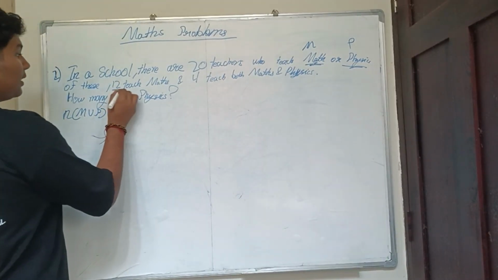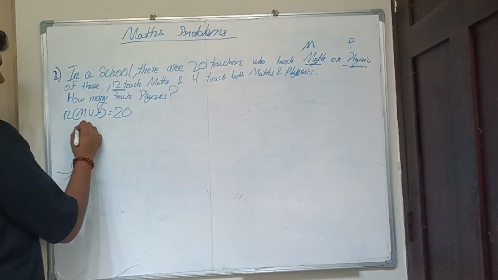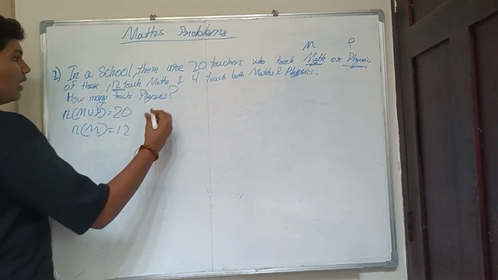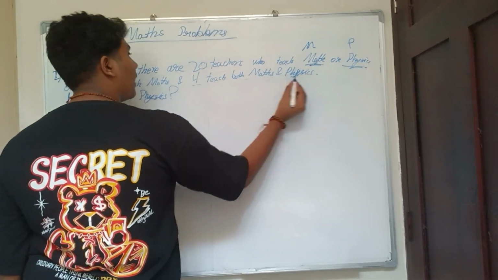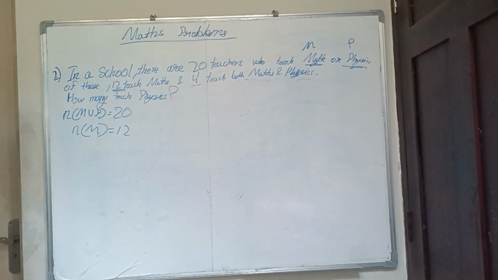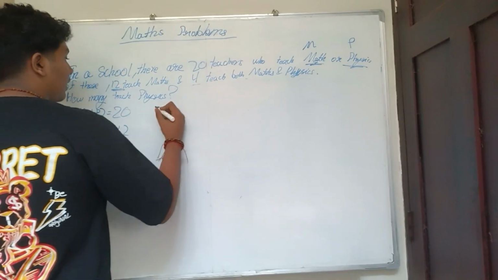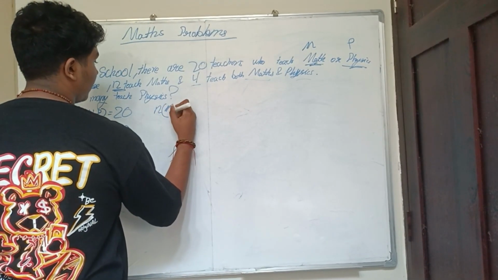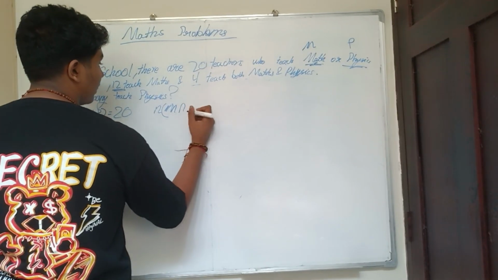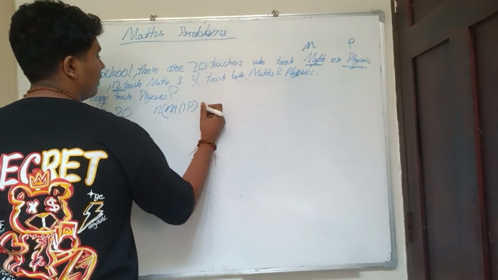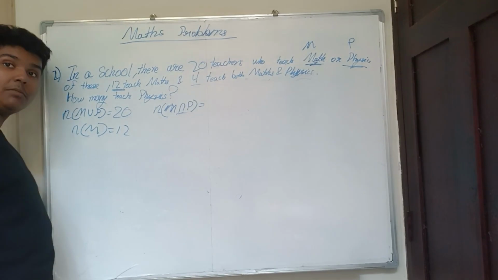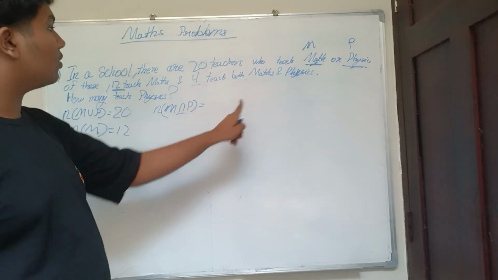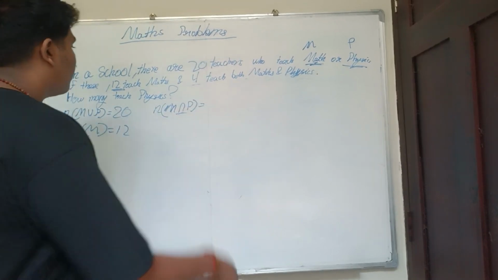And they told us the number of teachers in maths is 12, and 4 teach both maths and physics, which means the number of elements of M intersect P is 4. Intersection means the common part, right? So we have to find the common between maths and physics. So those are 4.